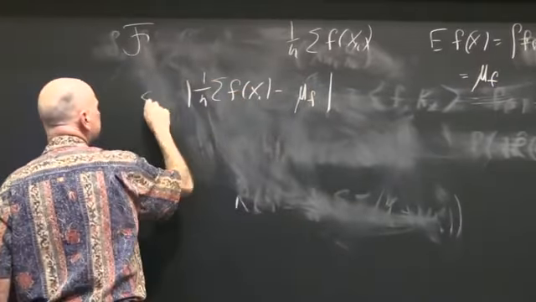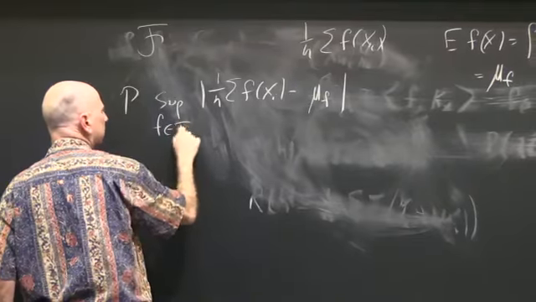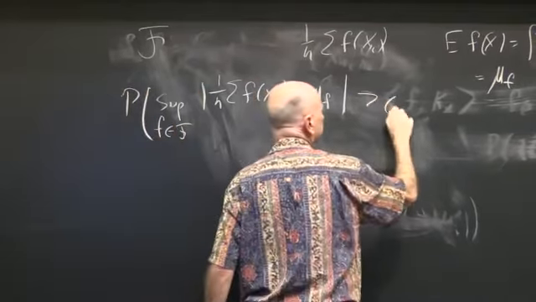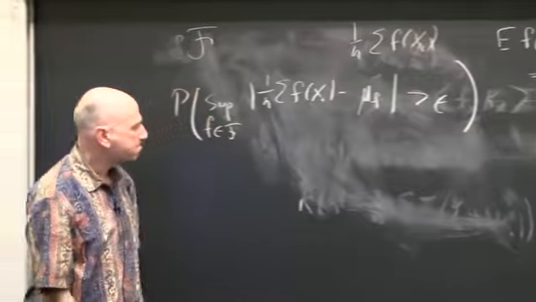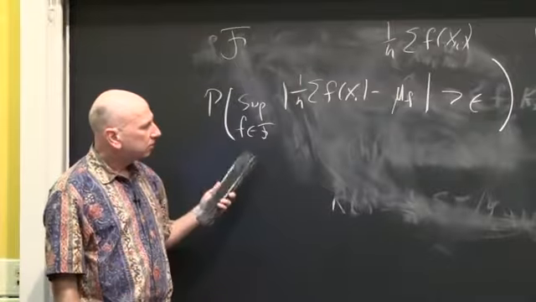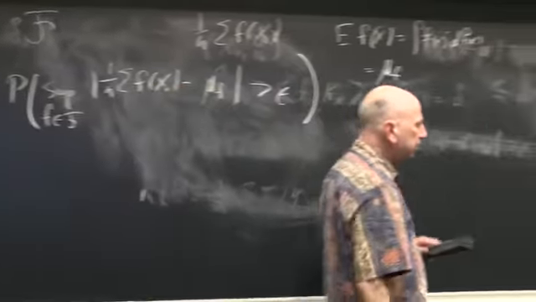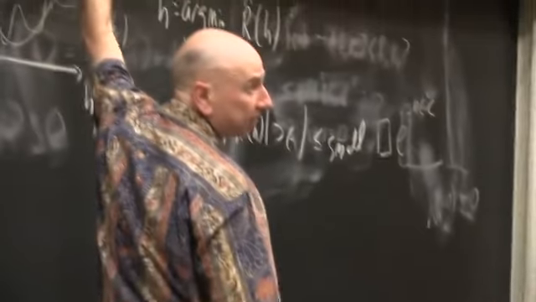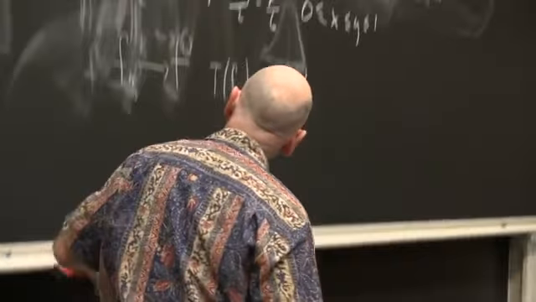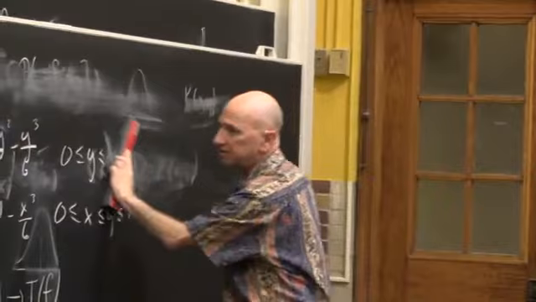Our goal is to bound this. It's going to depend on how complex f is. And the first measure that we're going to use is Rademacher complexity. So let's define that.